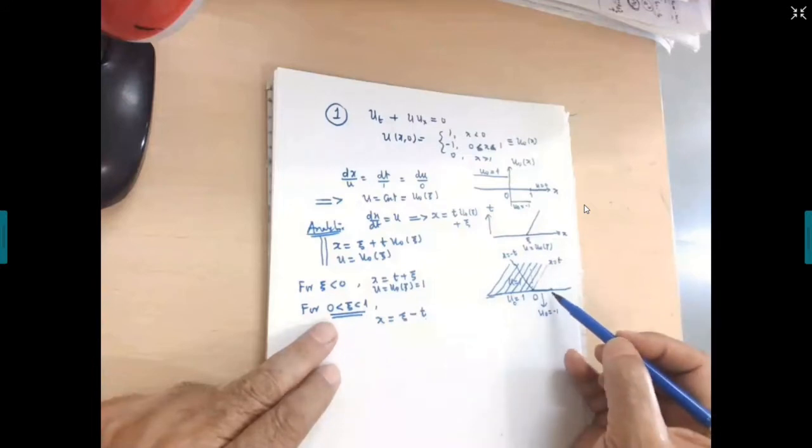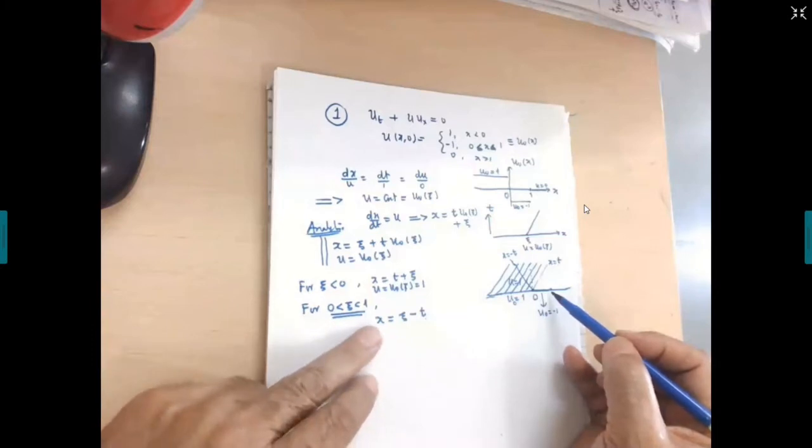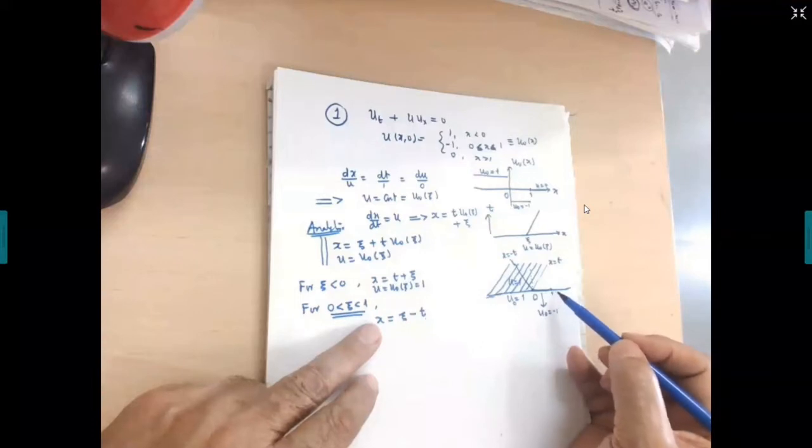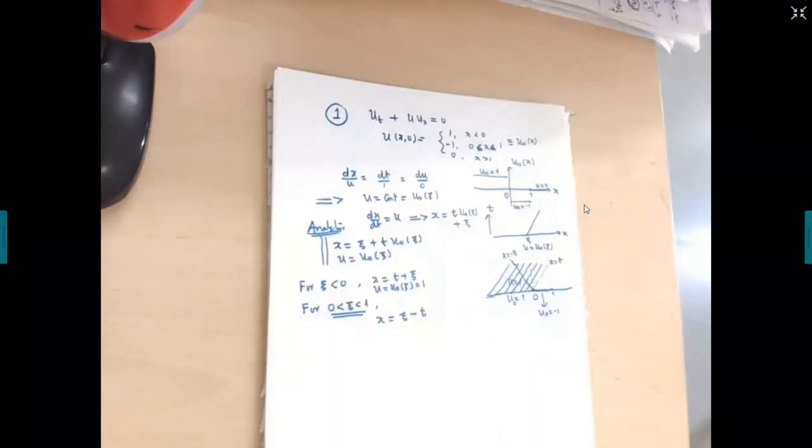So when xi is equal to 1, x will be what? x is equal to 1 plus t. 1 minus t.